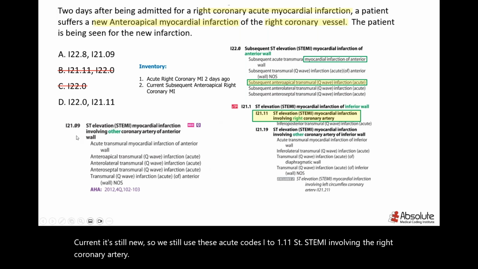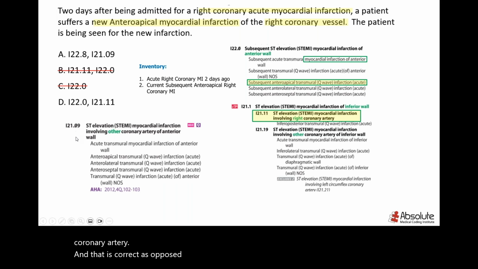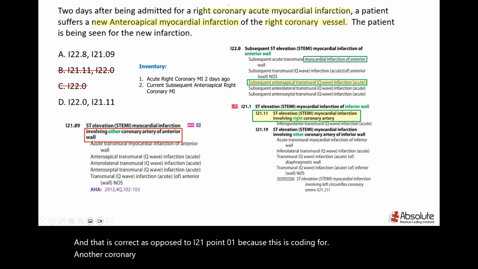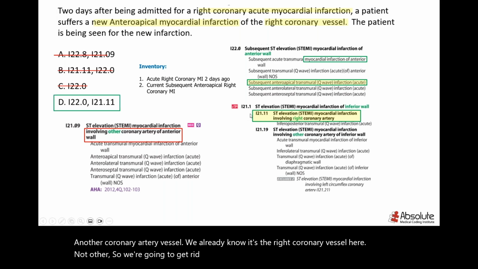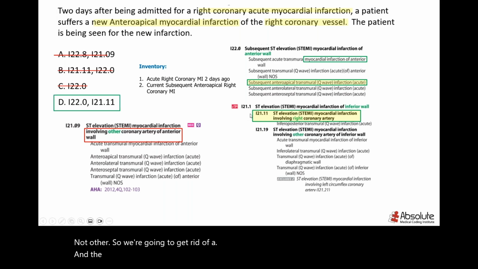And that is correct, as opposed to I21.01, because this is coding for another coronary artery vessel. We already know it's the right coronary vessel here, not other. So we're going to get rid of A, and the answer is D.